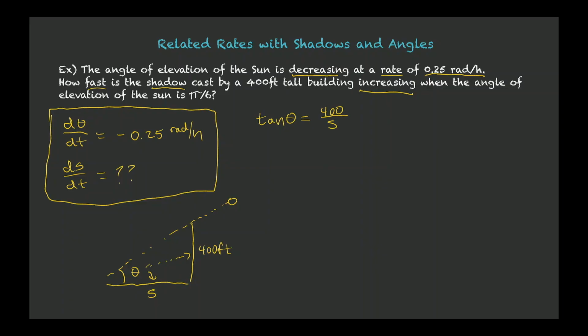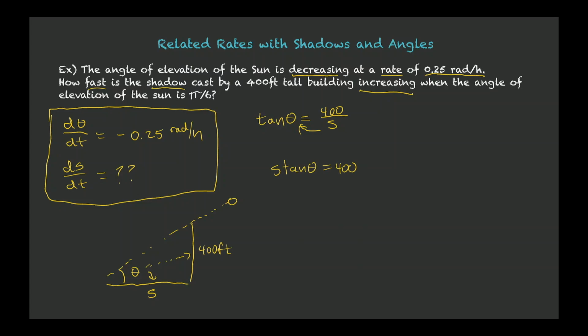Okay, so now this is an expression that deals with the angle theta and the length of the shadow, s. But we can simplify this a little bit, and it'll make our lives easier when we do our next step of taking the derivative. Since I'm trying to figure out ds/dt, it would be nice if s was by itself and not in the denominator of a fraction. So I can do this by cross multiplying, and we'll get s times tangent of theta is equal to 400.